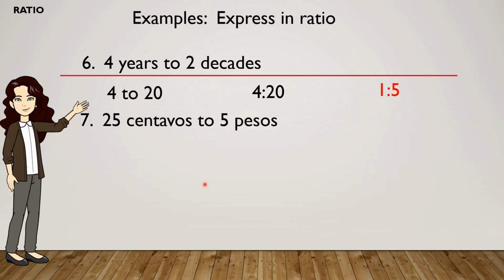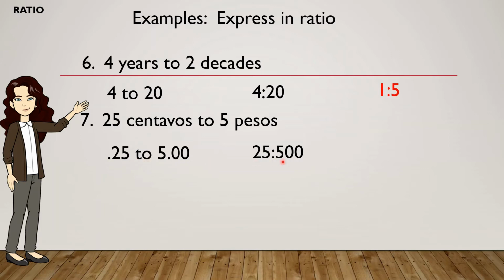Next, number 7: 25 centavos to 5 pesos. We need to write this in decimal. 25 centavos means 0.25 and 5 pesos means 5, or 5.00. Then we need to write them as whole numbers, so we move two decimal places.